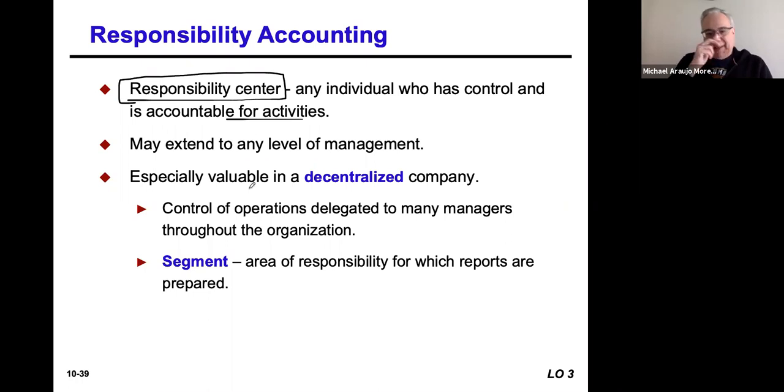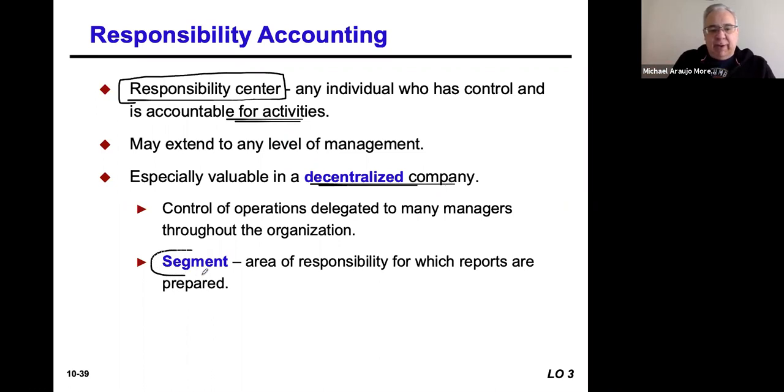And it's very important that we are able to still monitor things based on these activities, because a lot of companies are highly decentralized. And so there's a loose or flat management structure where a lot of employees have various roles that include managerial roles and decision making that affect things. So clarifying things as to responsibility center is important, particularly in those types of companies that are pretty flat, pretty decentralized. Okay.